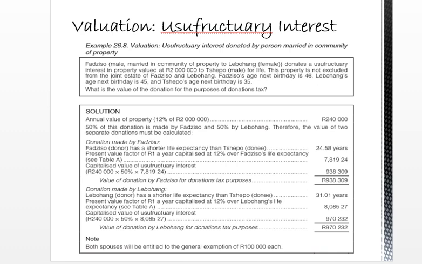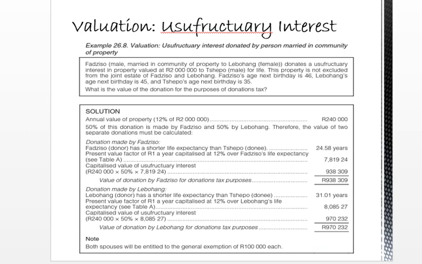So for Fadizo, he's male. What is the lesser between his age and Sepo's? So Fadizo has the shortest life expectancy. So again, you're just going to go to table A, and you'll find that Fadizo's life expectancy is 24.58 years. And then from table A, the present value factor will then be 7.81924.